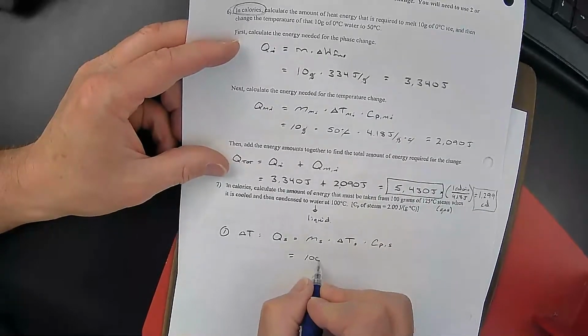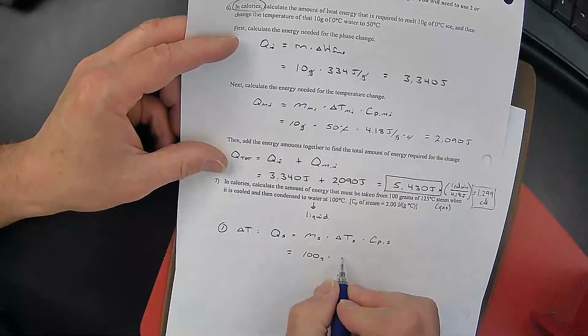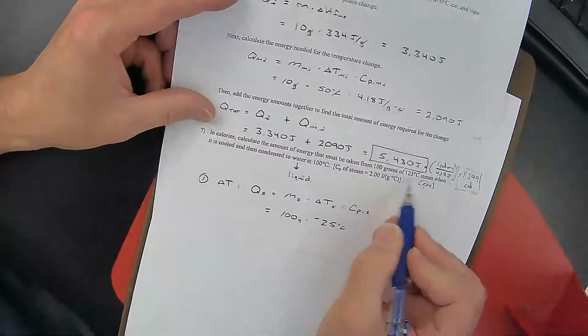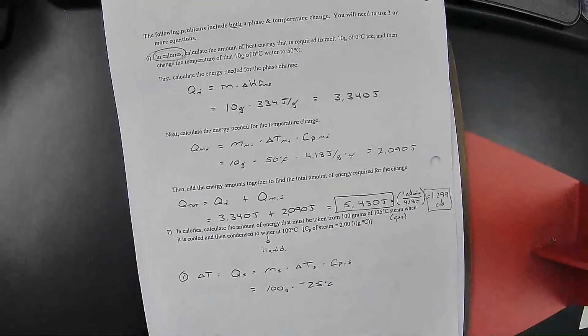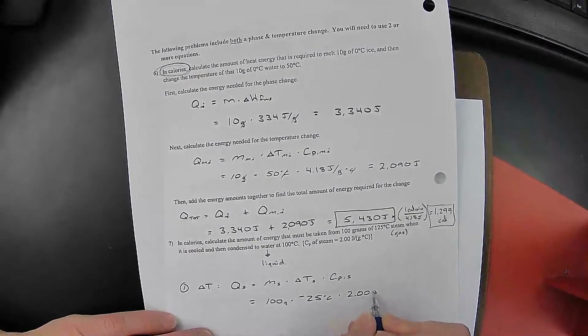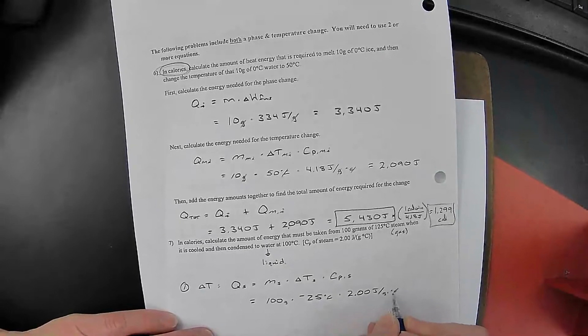So we're dealing with 100 grams. We're changing by a negative 25 degrees Celsius because we started at 125 and went down to 100. Then we multiply by 2.00 joules per gram degree Celsius.